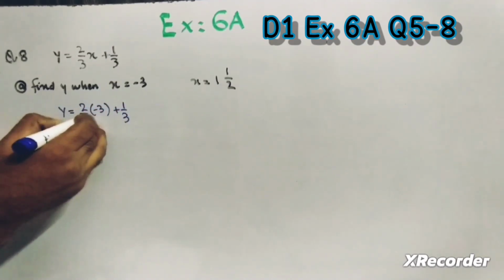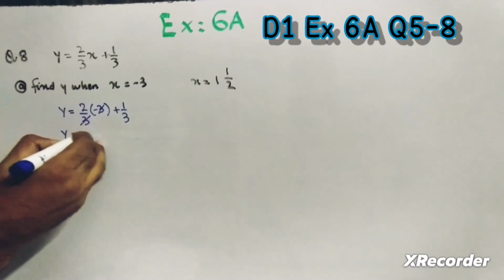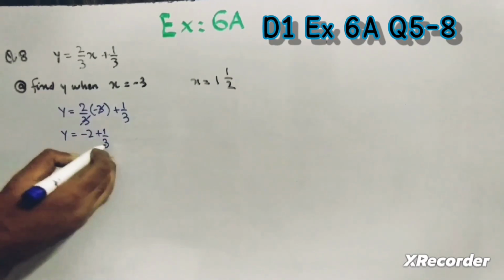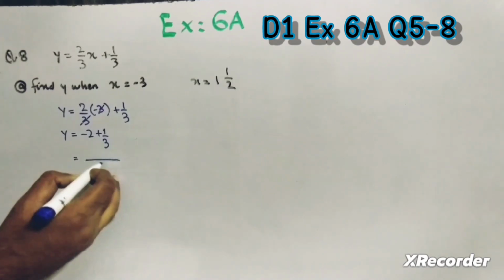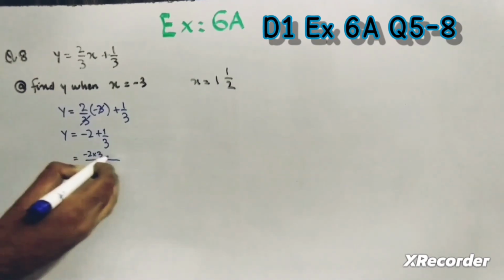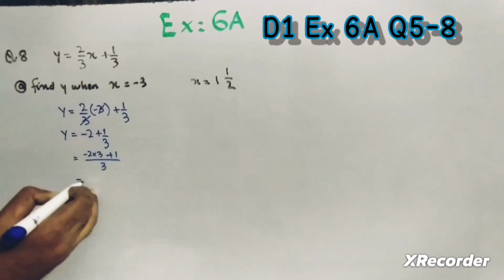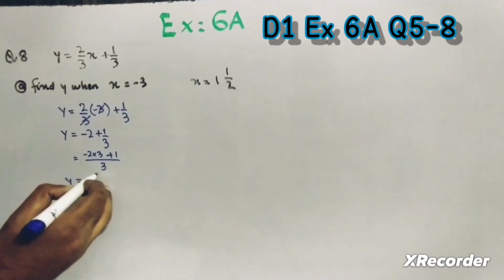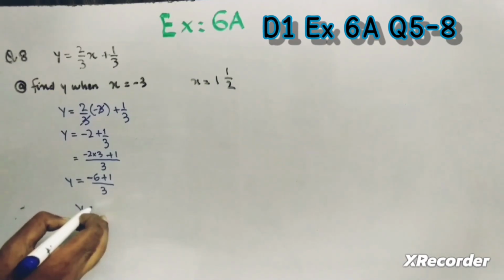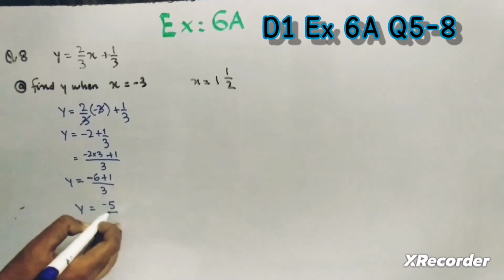So we can cut down 3 with 3, so minus 2 plus 1 upon 3. We take the LCM, that is 3: minus 2 multiplied with 3 plus 1, minus 6 plus 1 upon 3, and our y will be minus 5 upon 3.